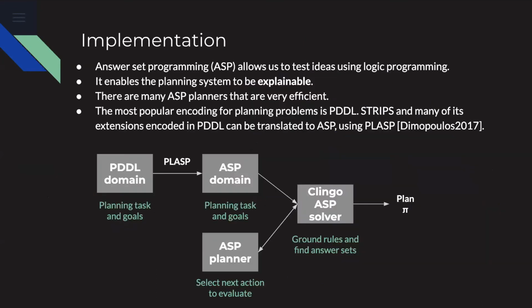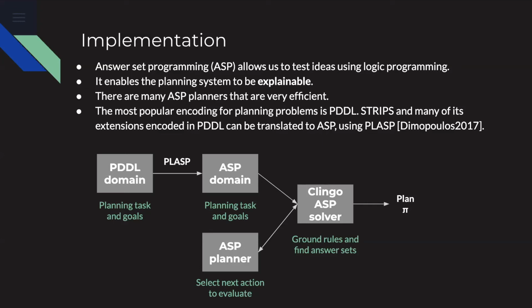So the implementation that we did consisted of taking answer set programming, because it allows us to test ideas using logic programming. And also by using logic programming, it enables the planning system to be explainable, because there is much work on explainable logic programming systems, as we've seen in the previous talks today.